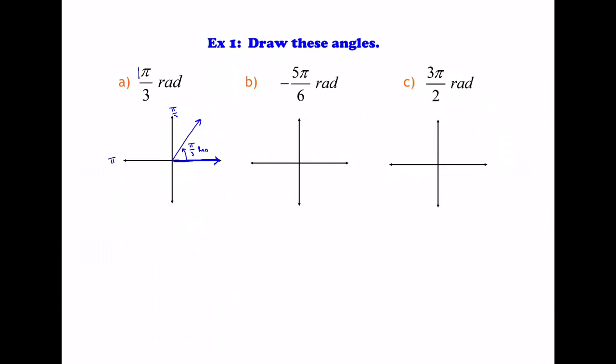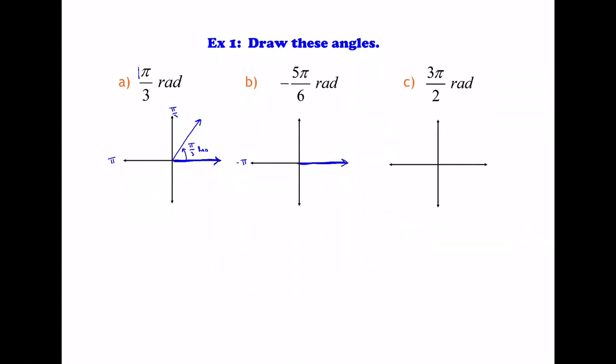B is negative 5 pi over 6. So now it's just the direction. Negative 5 pi over 6. So we still have pi if we go in the negative direction. That represents negative pi also. So we want to go in the negative direction 5/6 of pi. What would 5/6 of pi represent? Well, pi would be half of a circle.